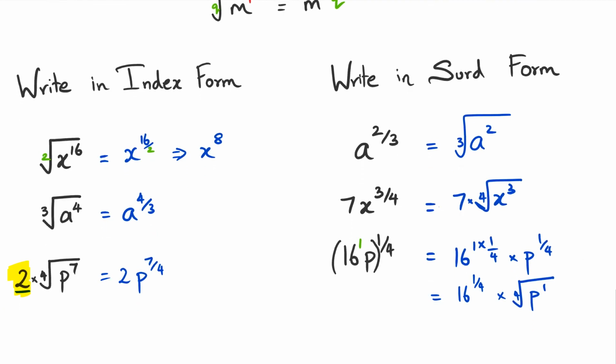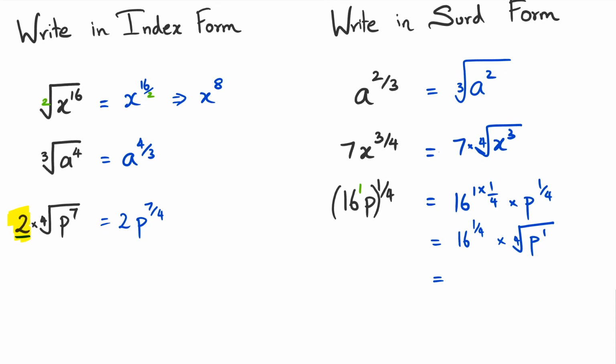All right. Now we can do the same thing for 16, but we actually know what the fourth root of 16 is. And this is where knowing your exponential numbers comes in really handy. Remember, 2 to the power of 1 is 2, 2 squared is 4, 2 to the power of 3 is 8, and 2 to the power of 4 is 16. So when you have 16 to the power of a quarter, you're looking for the fourth root of 16. So this is multiplied by the fourth root of p.